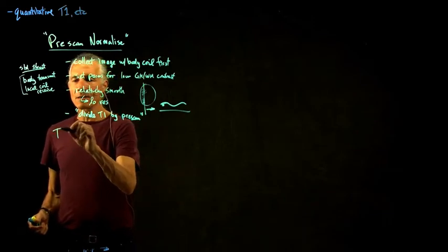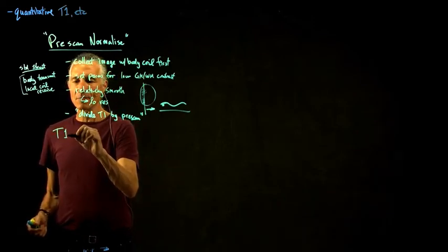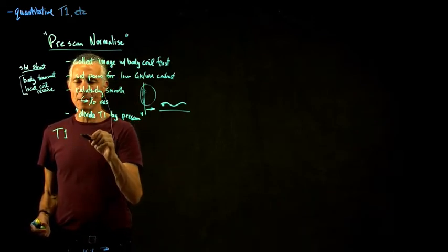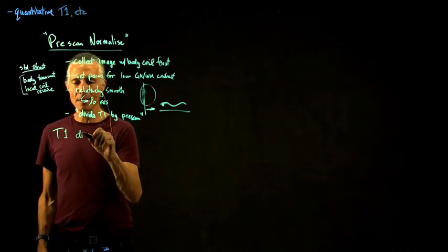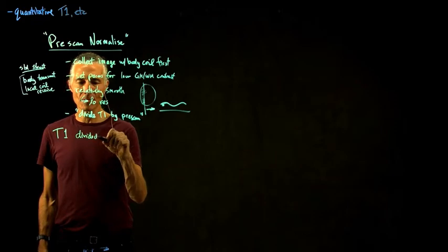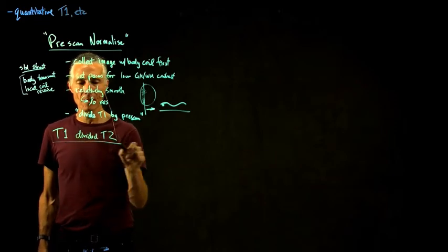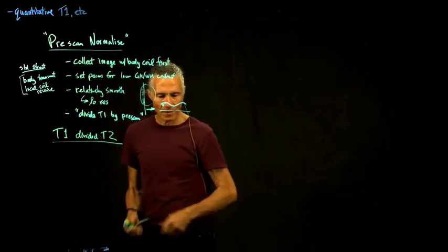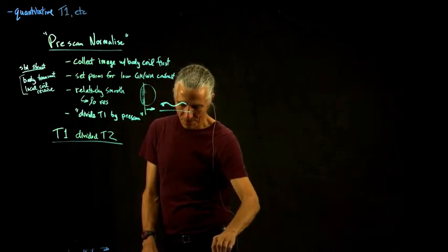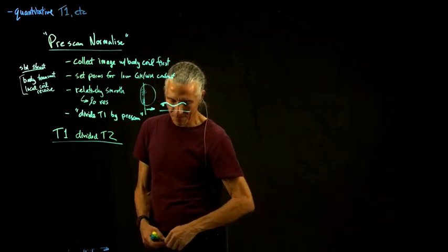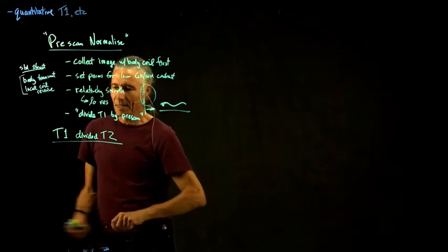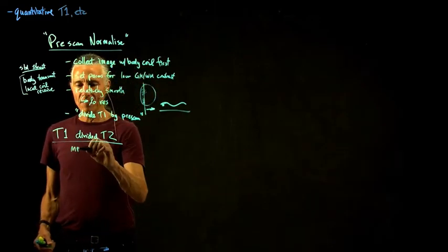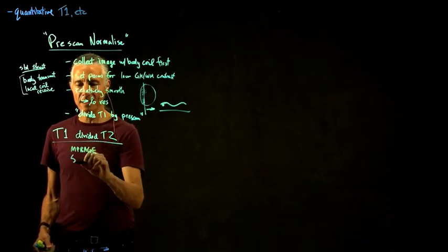Another very similar thing that was done in the Human Connectome Project is T1 divided by T2. The idea here is very similar: you collect an MPRAGE and then collect one of those SPACE scans.